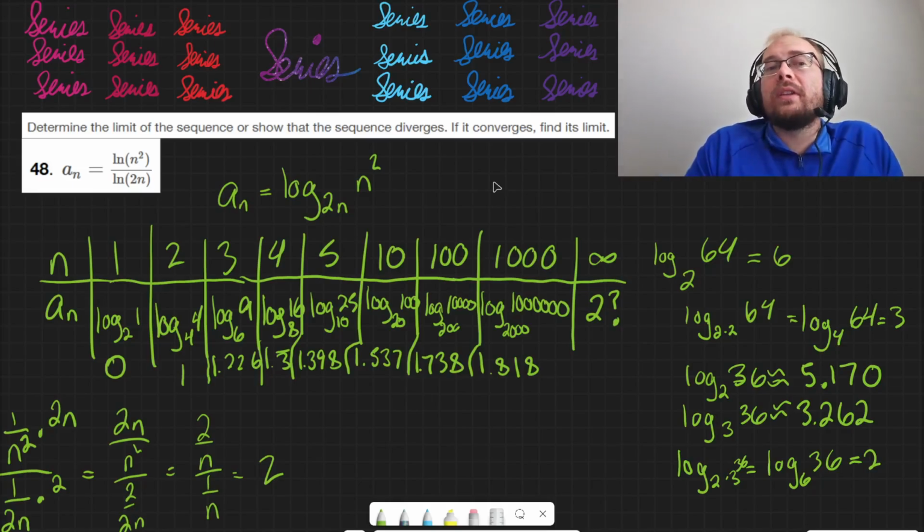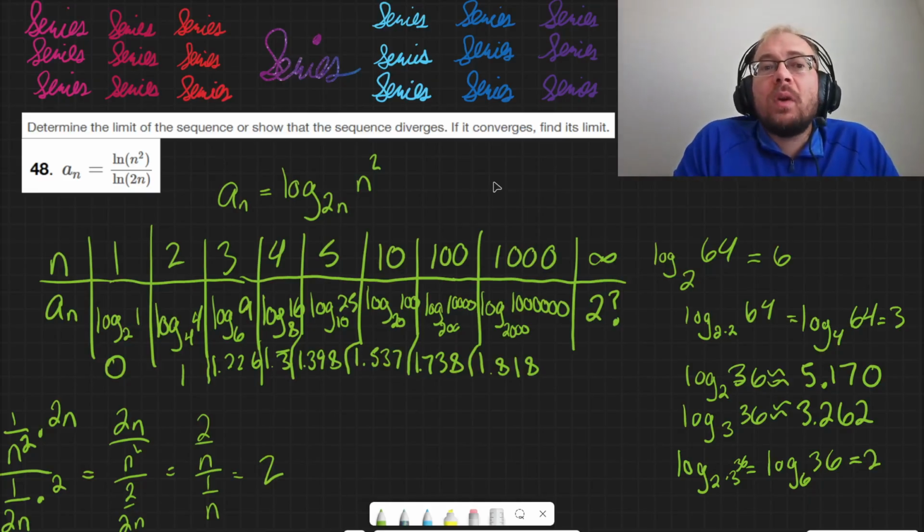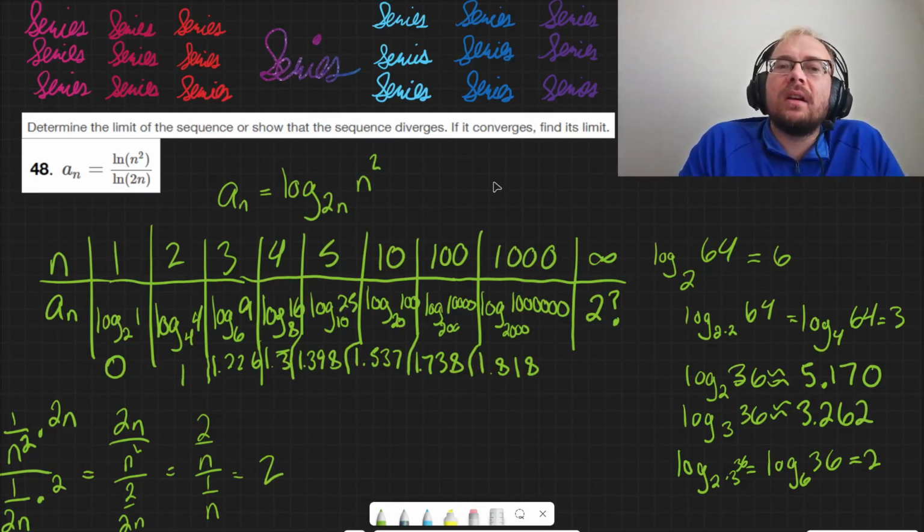So we can rewrite a sub n, or the sequence a, with n as the variable, as log base 2n of n squared. But okay, well, what do we do with that? What does that even look like? For the first couple of values, it's not that bad.